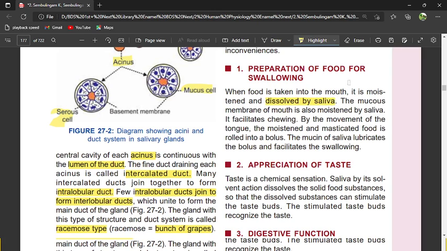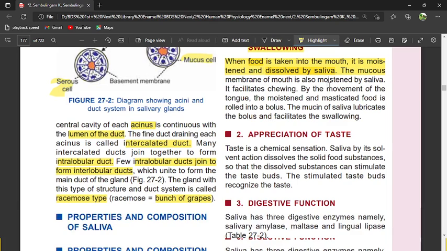So moistening the food is also its work, okay. Moistening means wetting the food. The mucous membrane of the mouth is also moistened, so it is also moistening your oral mucous membrane.